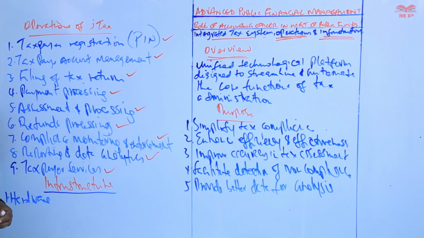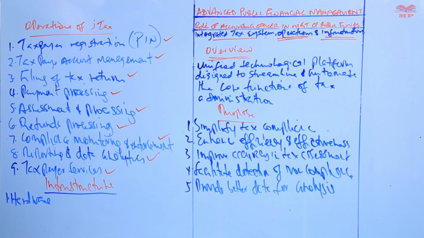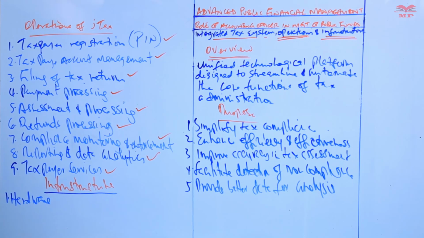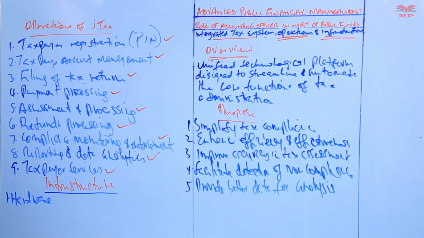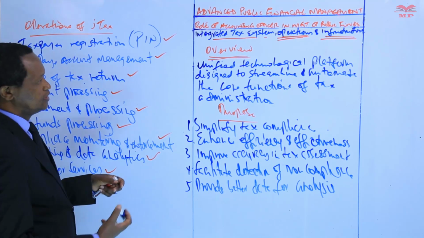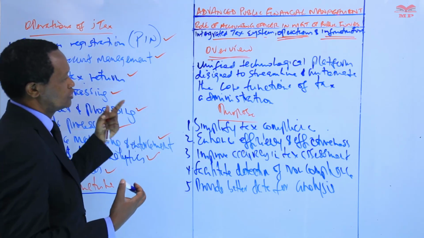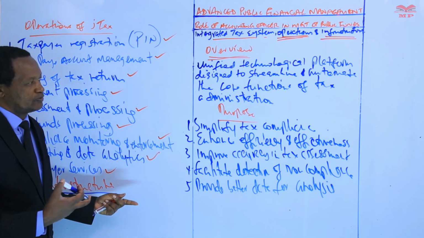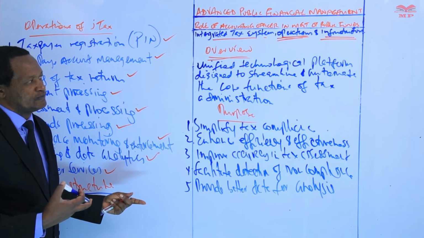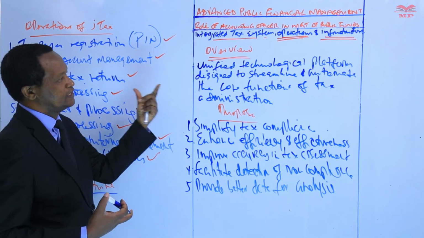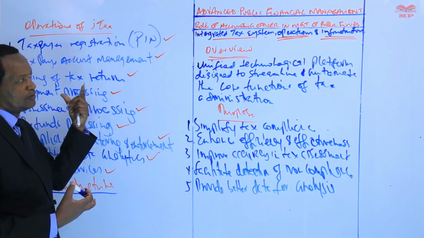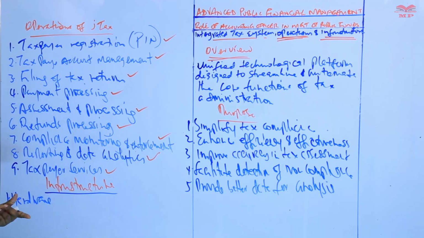Hardware, because we say that an integrated tax system is a unified technological platform designed to streamline and automate the core functions of tax administration. To have this system in place, infrastructure is needed.